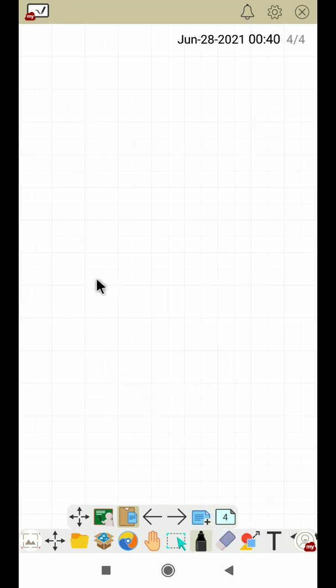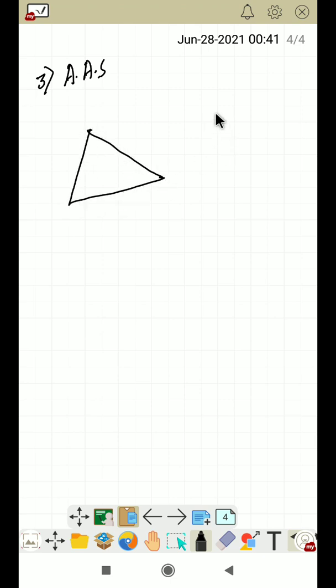Now go to the next. The next property is angle angle side. Again draw two triangles. Suppose this is one triangle and this is another triangle. This is ABC.